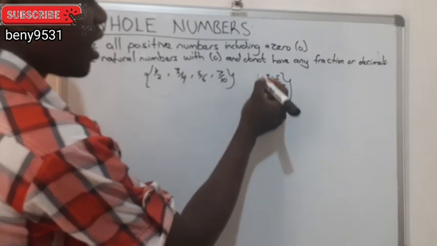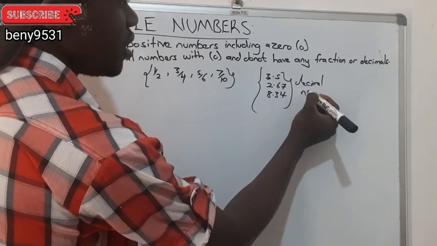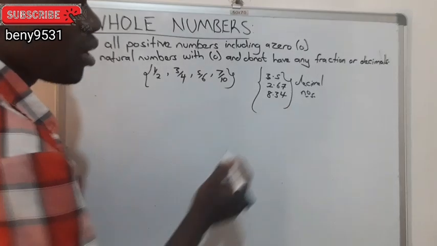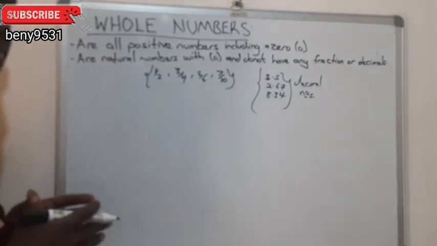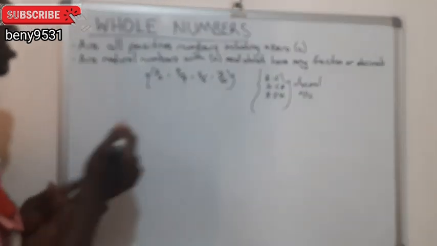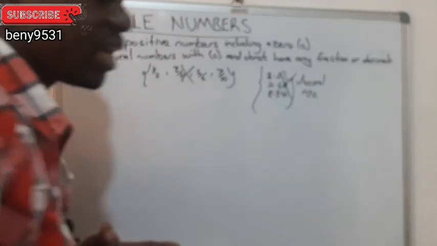So these are decimal numbers, because they contain decimal points. But fractions, they contain these figures. So whole numbers don't have fractions and don't have decimal points in them.